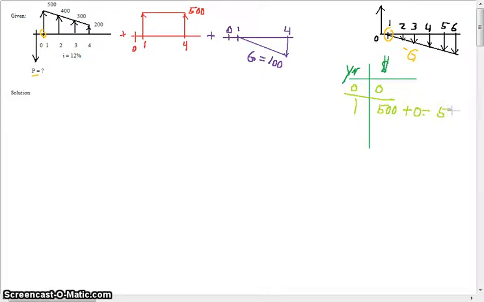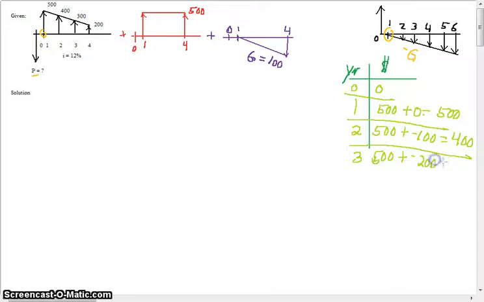That looks good. Year 2, we have 500 again, plus a negative 100. We're subtracting that gradient, so that's 400. Well, that looks good. Let's do year 3. Again, 500, minus 200.